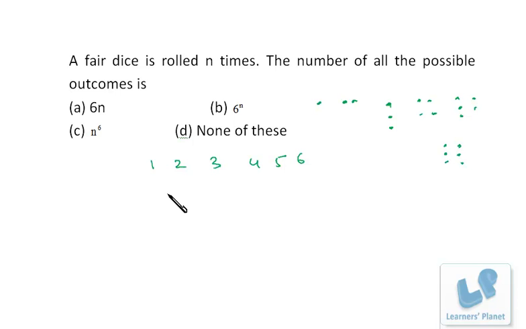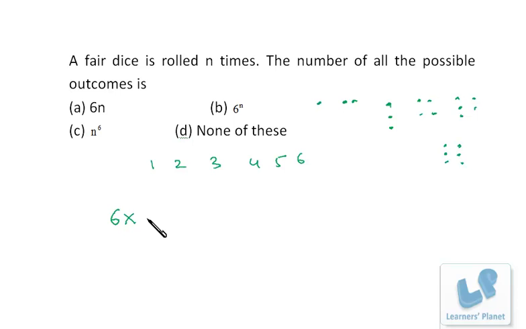Now when you roll a dice, you may get any one of the numbers. So suppose you are rolling the dice for the first time, you have 6 choices. Number 1 or 2 or 3 or 4 or 5 or 6 may appear in the form of dots. So if you are rolling the dice for the first time, you have 6 choices.